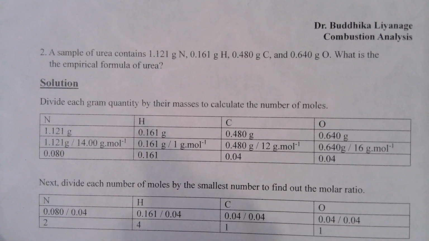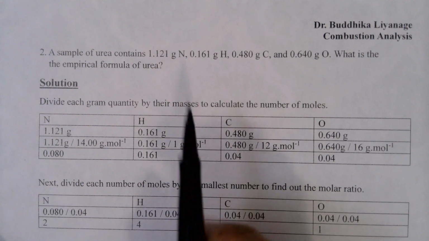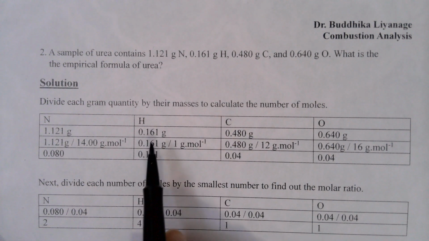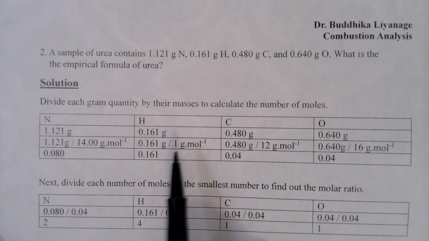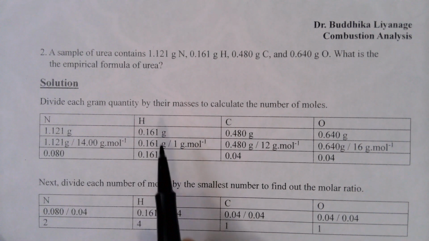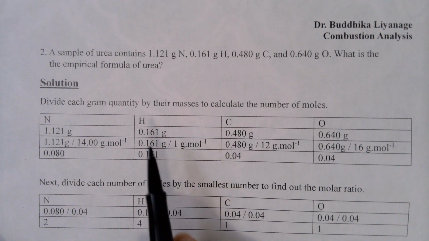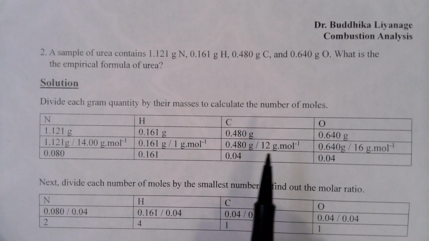What is the first step? If you have a gram quantity, first find the number of moles. How can you find the number of moles? Divide each mass by its molar mass. Nitrogen is 14, so let's divide 1.21 grams by 14 grams per mole. Hydrogen is 1 gram per mole. You can get these atomic masses from the periodic table, right?